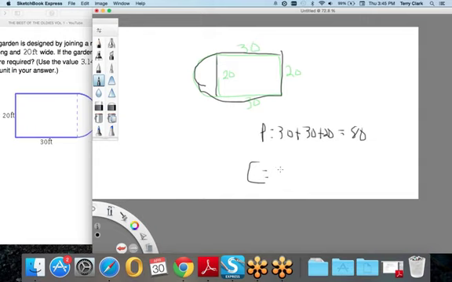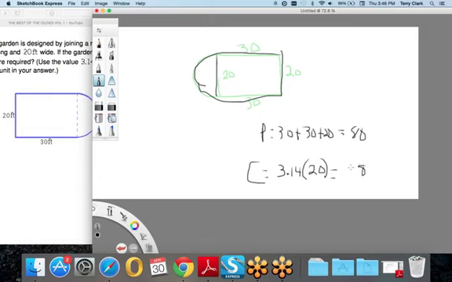The circumference, which is the boundary or the outside of the circle, we can use two formulas. We can use 2 pi r, or we can use pi d. So pi is 3.14, and d in this case is 20. I'm not going to use the calculator.